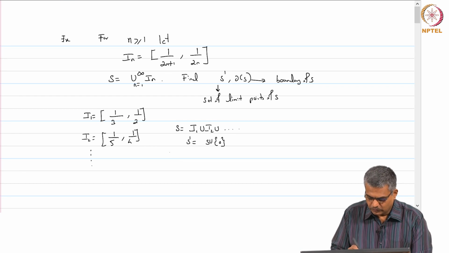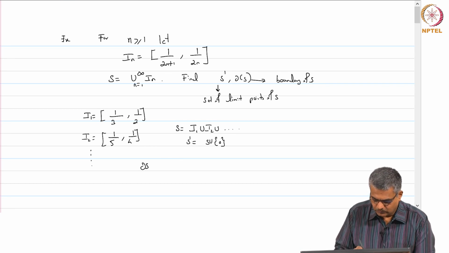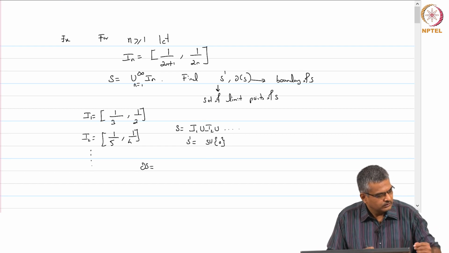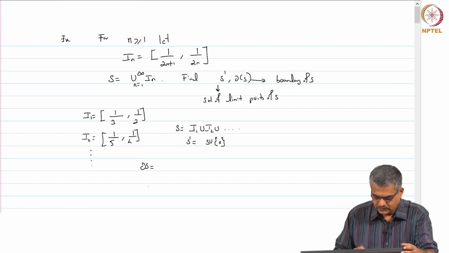So, what about the boundary of S? The boundary of S will contain all the points. If you see here, the highest number that we get is 1 by 2, and then the pattern 1 by 2, then 1 by 3, 1 by 4, 1 by 5 and so on.